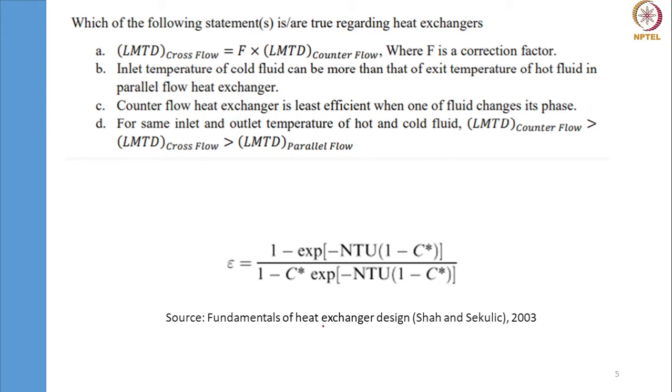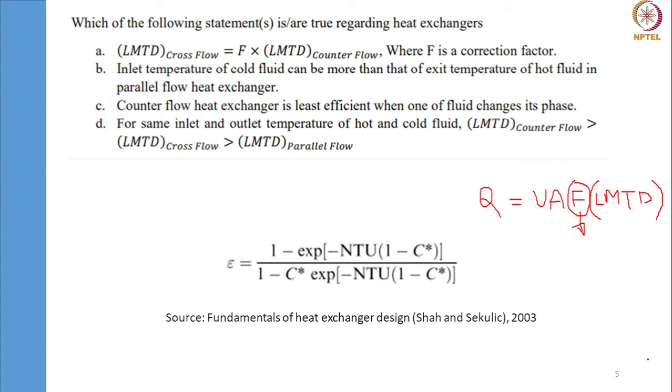LMTD of cross flow heat exchangers, what we write as Q equals UA into some factor F, that's the correction factor, into LMTD. For a counter flow heat exchanger, this factor is 1, and so we do not take it. The most general one that we tell is Q equals UA LMTD, but it's actually UA.